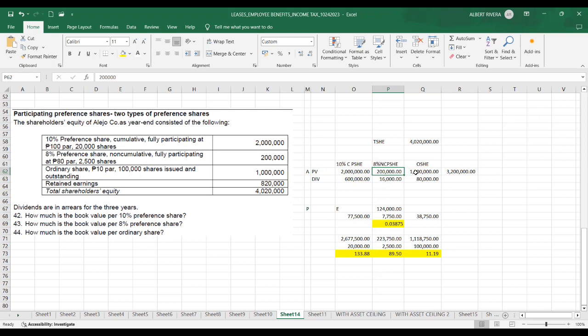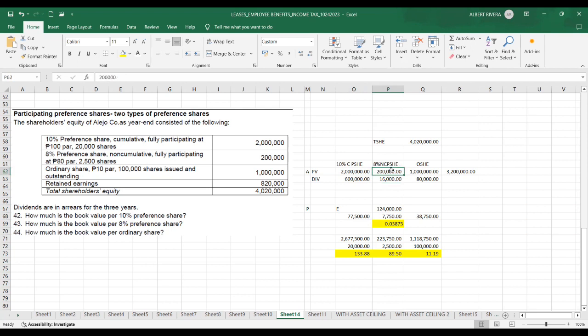Then, syempre, objective is to compute for the excess. Ibigay mo na rin yung par value ni ordinary of 1 million. Then, let's have the dividends. Since this is cumulative, so this is 2 million times 10% times 3 years. So this is 600,000. 3 years, that is the dividends in 3 years, no? Then here, this is non-cumulative, so provide 1 year dividend.